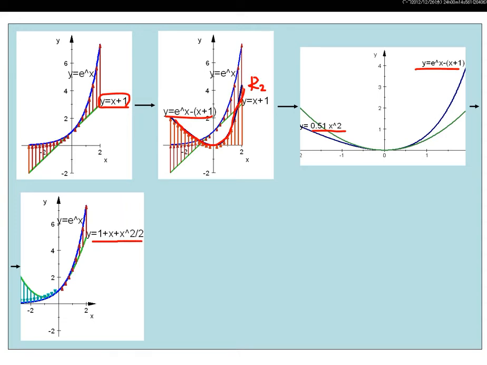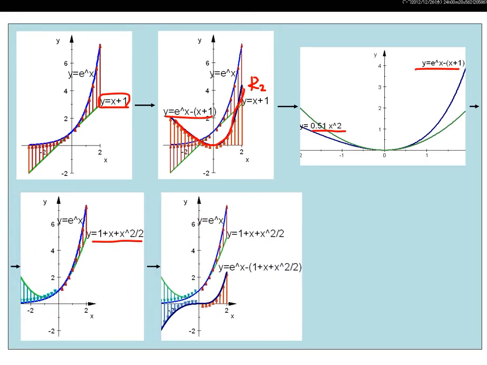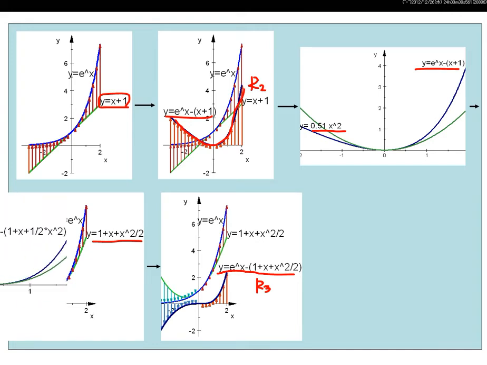And again, we subtract this second approximation from y equal fx. Then I get this r3x, the third remainder. And we compare this with ax cubed.